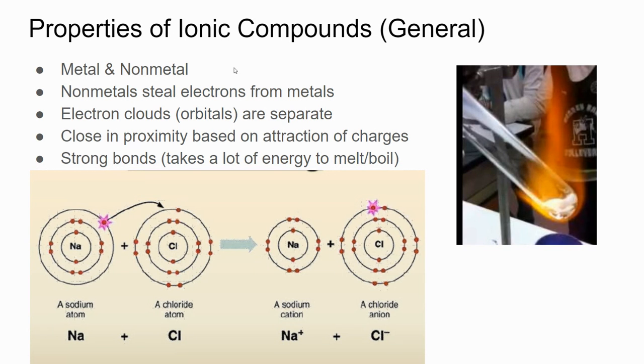The electron orbitals, the clouds, are actually separate from one another here. They're separate from one another, but they do stay close to each other based on the opposite charges. Positive and negative charges attract, right? So we get that attraction between the positive ion and the negative ion.